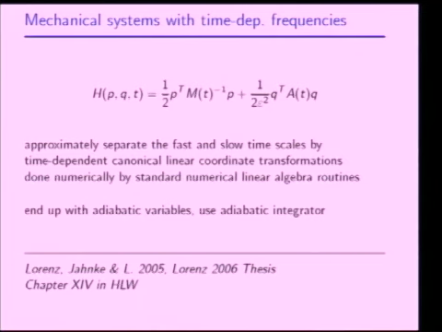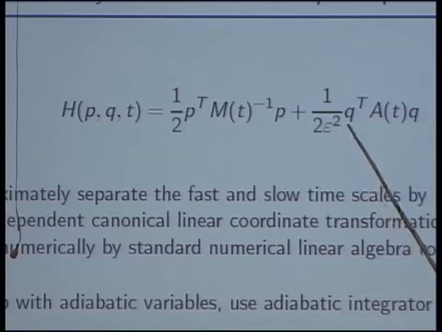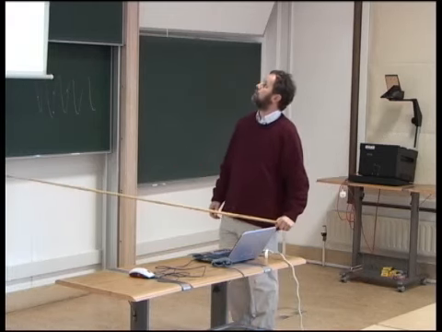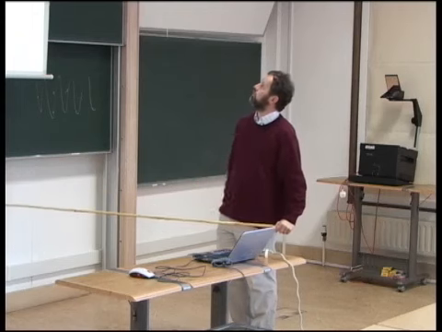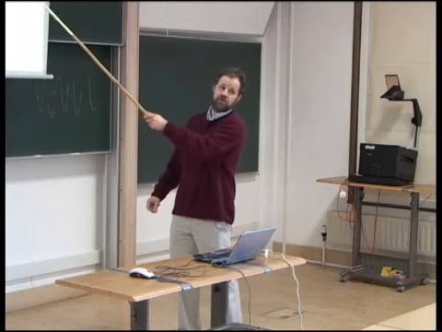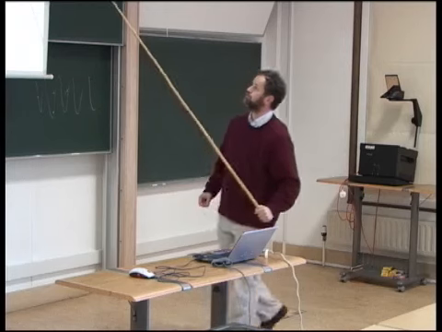You might add a potential U of q and t, all of whose derivatives are bounded uniformly in epsilon. This doesn't cause many problems, so I will stick to this problem in the following. And if you apply any of these methods, which work so well on problems with constant frequencies, like these trigonometric integrators, they fail miserably on these systems.